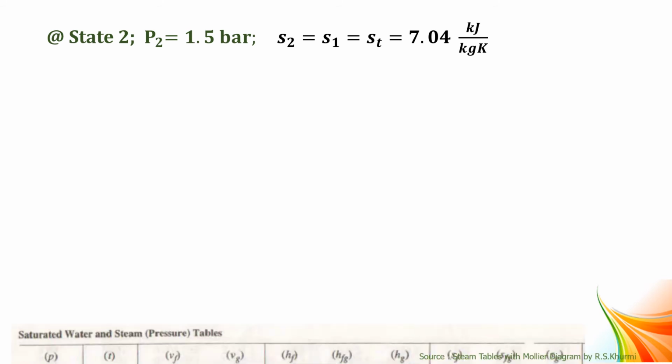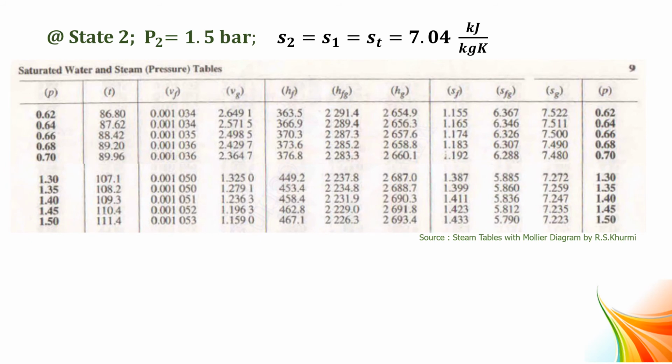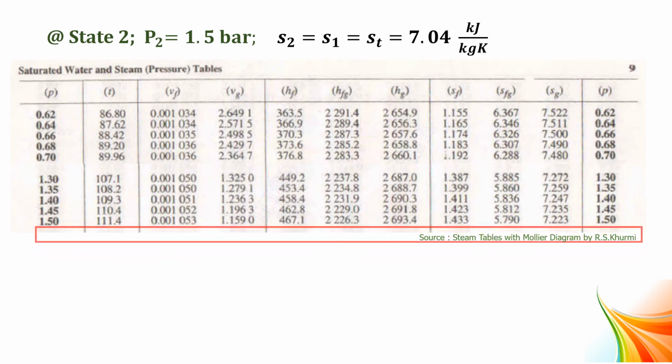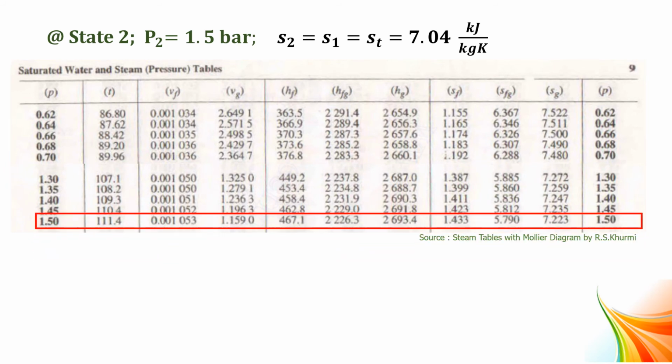From the saturated steam table, corresponding to a pressure of 1.5 bar, we find the value of Sg, which equals 7.223 kilojoule per kilogram Kelvin. Now compare the value of Sg2 with the S2 value. Sg2 is greater than S2, therefore the steam is in wet condition.